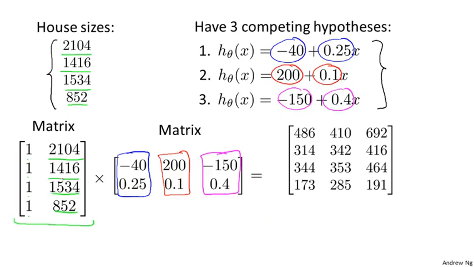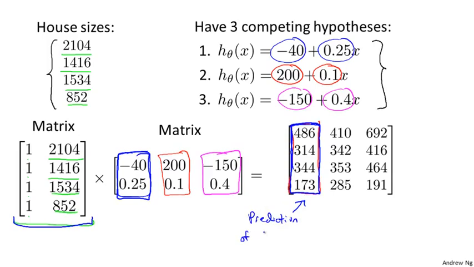And it turns out that if you multiply these two matrices, what you find is that this first column, let me draw that in blue. Well, how do you get this first column, right? Our procedure for matrix-matrix multiplication is, the way you get this first column is you take this matrix and you multiply it by this first column. And we saw in the previous video that this is exactly the predicted housing prices of the first hypothesis, right, of this first hypothesis here.